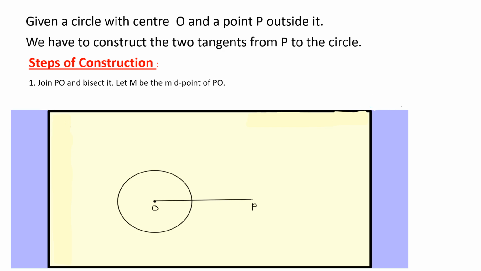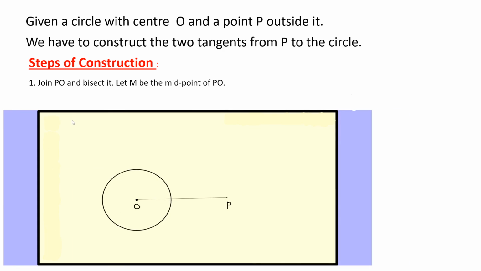So using the perpendicular bisector method, that is using the compass, taking the compass, take the measurement more than half, mark an arc in the upper and lower part with the compass fixed at O and then fixing it at P with the same arc measurement. Mark the arcs in the upper and lower part.